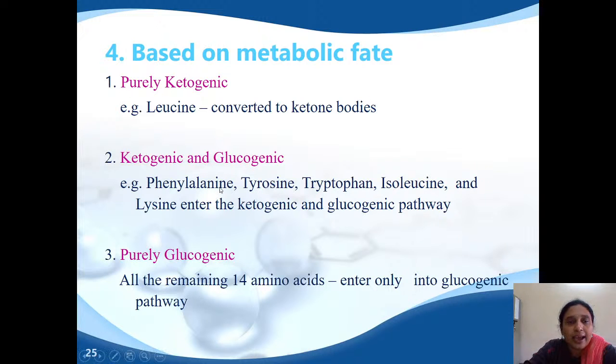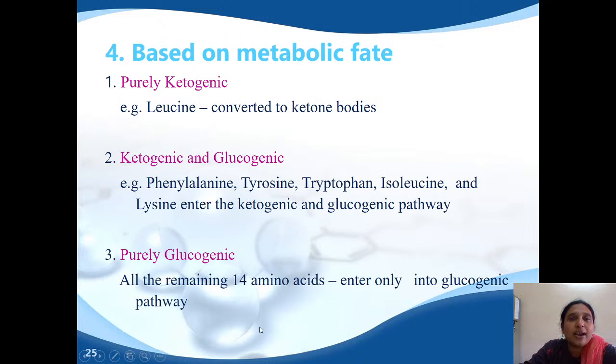Examples are all three aromatic amino acids, phenylalanine, tyrosine, tryptophan, and also isoleucine and lysine. Only one is ketogenic, that is leucine, and the rest of the 14 amino acids are glucogenic.